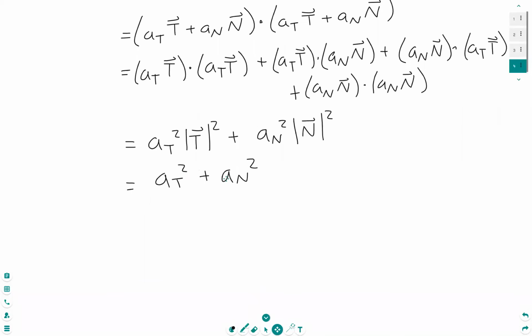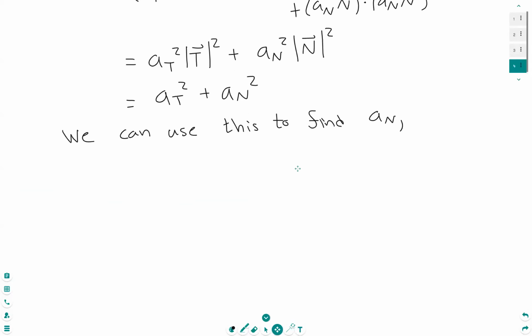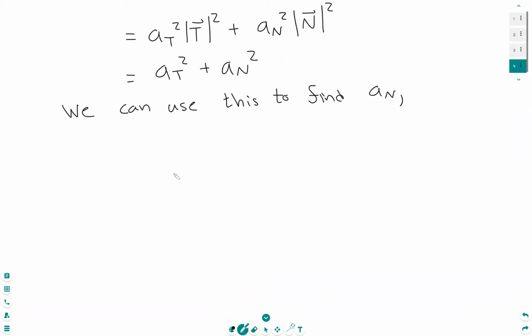So if I wanted to find an, or maybe I have an and I wanted to find at, what we could do is now we have this relationship. We can use this to find an. So an is the square root of the magnitude of acceleration squared minus at squared.